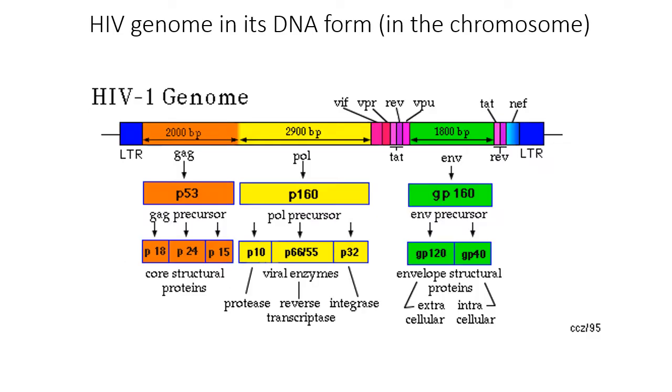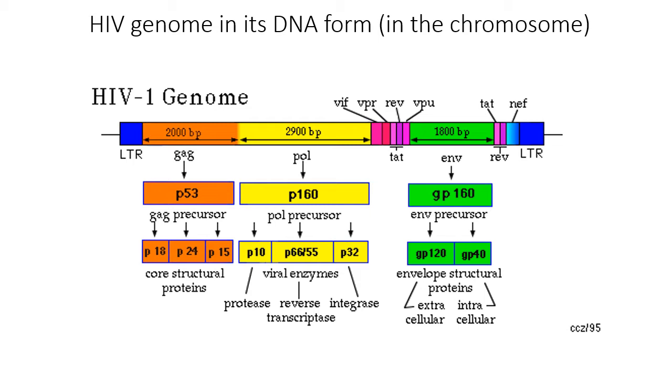Okay, so what this looks like is, if we consider the GAG region that's present in the longer of the full-length RNA, that will be translated to form a protein, which is the precursor to the eventual core structural proteins, the P18, 24, and 15. So that is one translation product which counts as a polyprotein, because it will be ultimately producing three different proteins from that single initial protein.